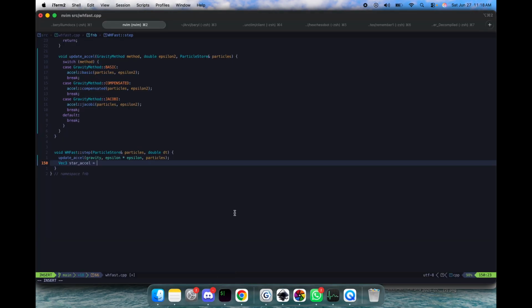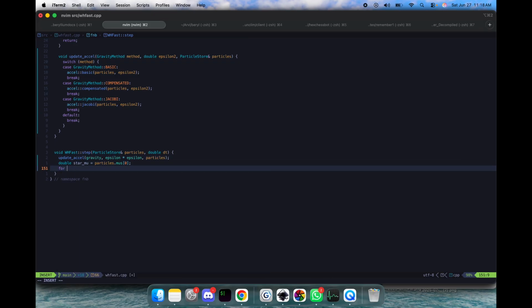Star accel equals particle dot mu index 0 divided by, it's just called star mu, so double star mu.